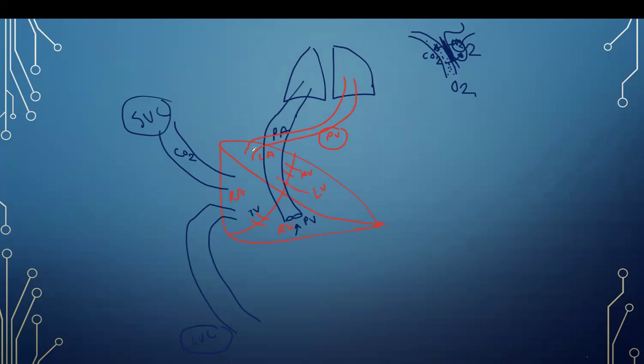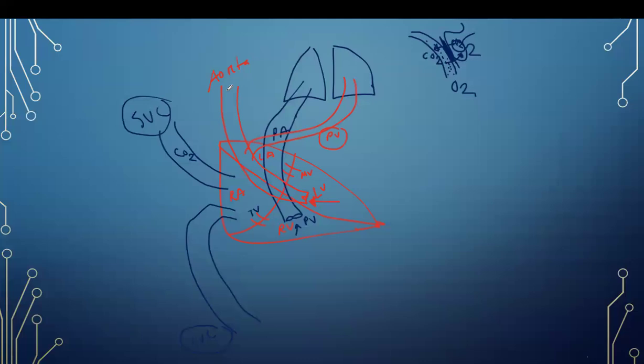Now from the left ventricle, we have got the biggest blood vessel, which is the aorta, and here we have got the aortic valve. From the left ventricle, blood will go into the aorta and then through the aorta, it will reach all organs of the body.